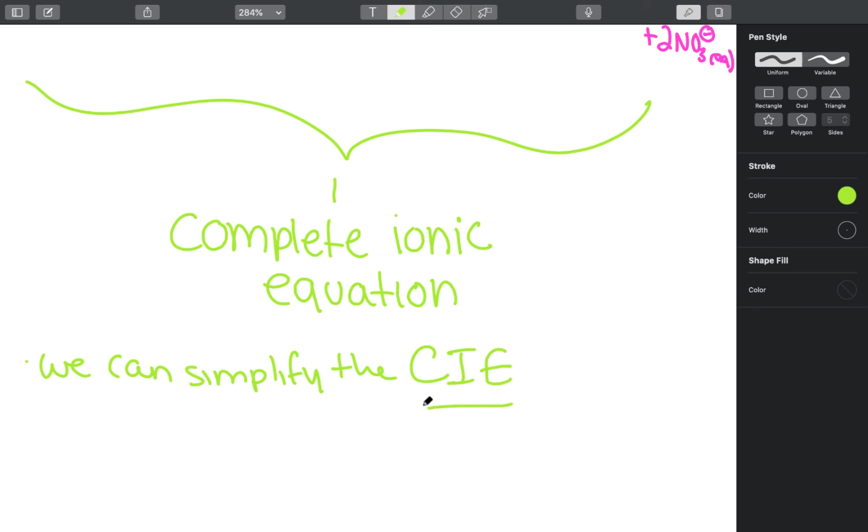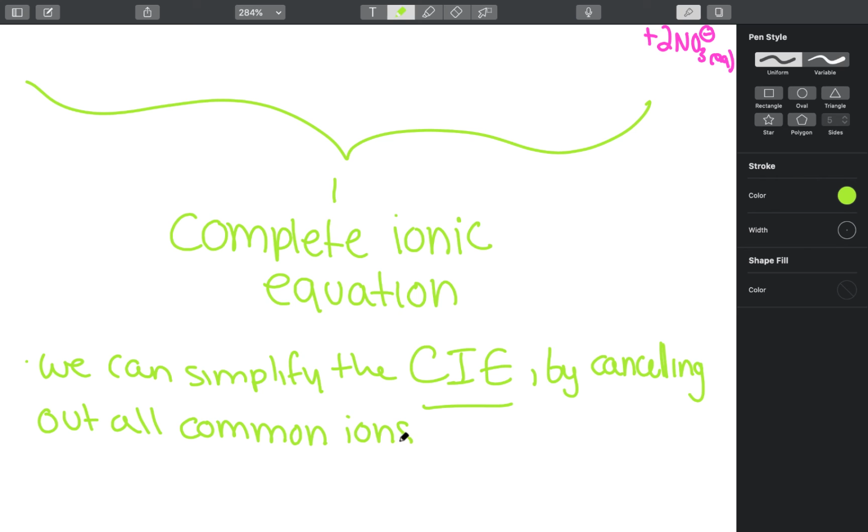And we can simplify this by canceling out all common ions on the reactant side and the product side. So what do I mean by this?